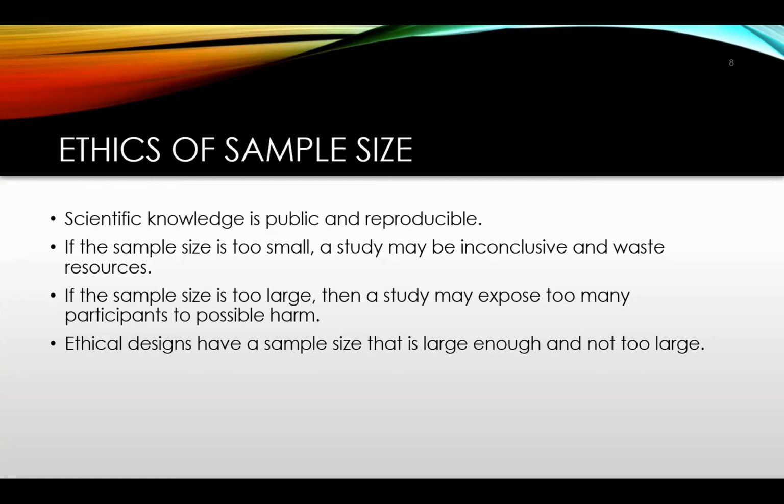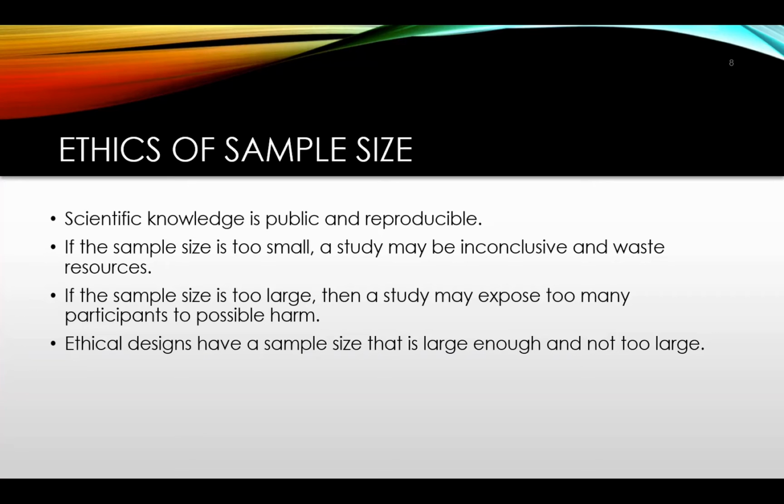For example, if the sample size is too small, the study may be inconclusive. While a true difference between the groups may exist, the researcher may not have enough observations to see a statistically significant difference. On the other hand, if the sample size is too large, then the researcher may cause unnecessary harm, or they may have results that are only statistically significant and have no real clinical relevance.